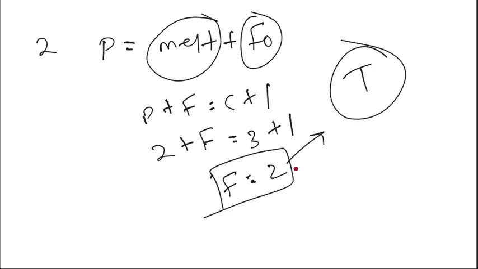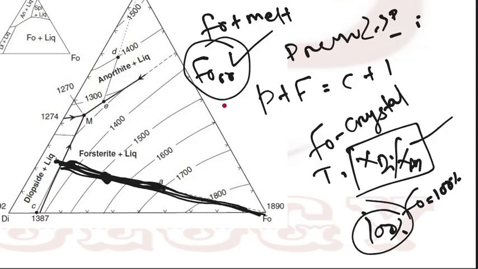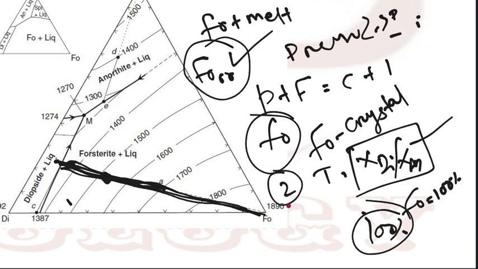Now the other one. When phosphorite crystallizes, the degree of freedom will be 2, that is temperature, and x of dioxide or x of anorthite, any one.